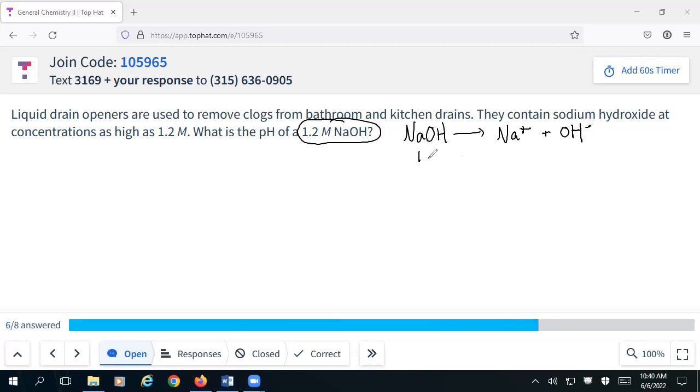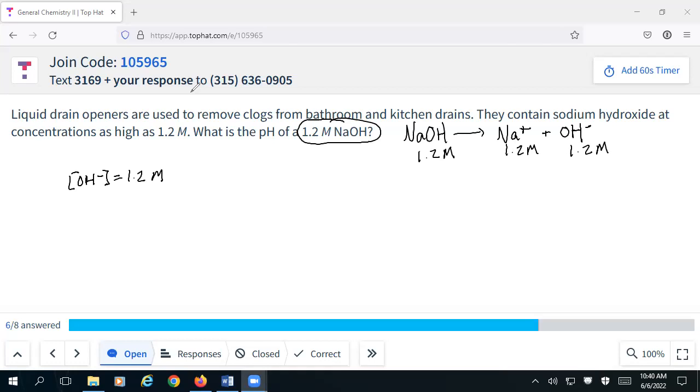So we started with 1.2 molar sodium hydroxide. It would end up being 1.2 molar in sodium and 1.2 molar in hydroxide when it dissociated. So that means that our concentration of hydroxide is going to be 1.2 molar.